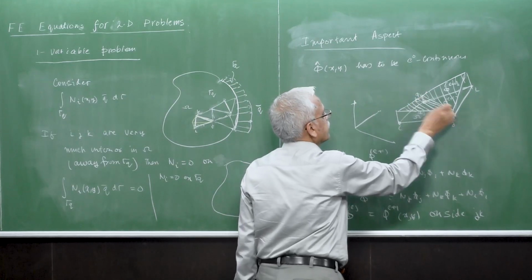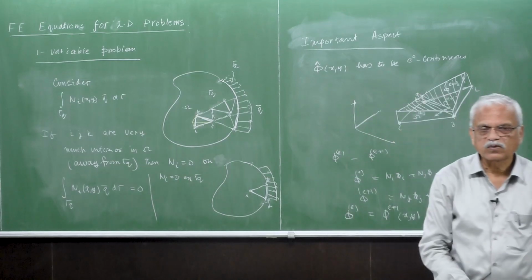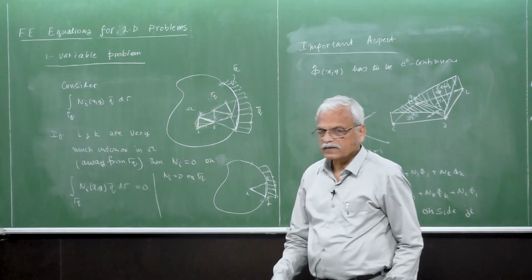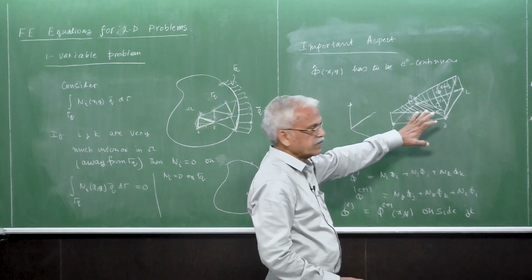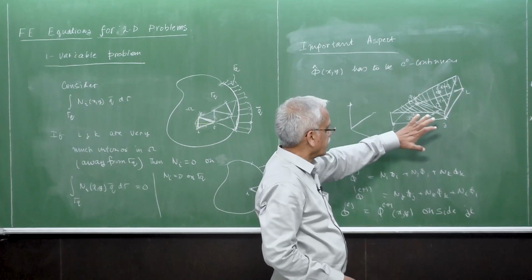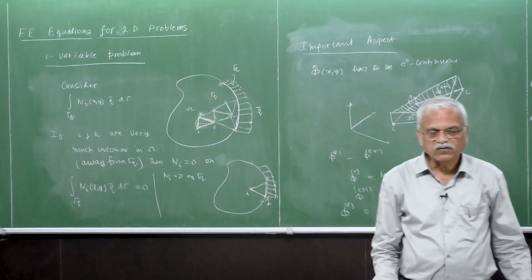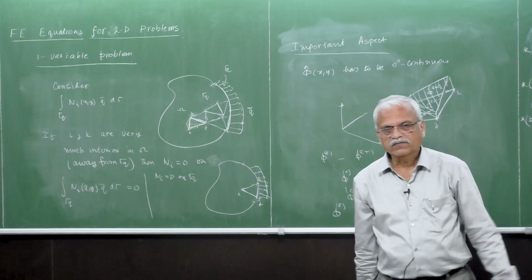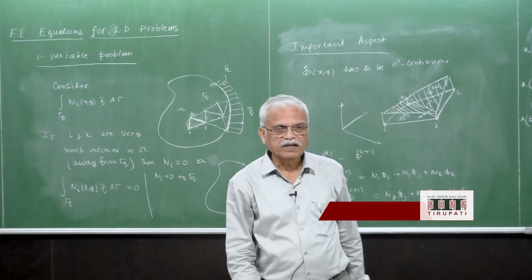And it's a linear variation. So the same linear variation is also used for element e plus 1. Thus this linear variation of the approximation function for each element satisfies the requirement of C naught continuity, as well as, of course, being once differentiable within the element.